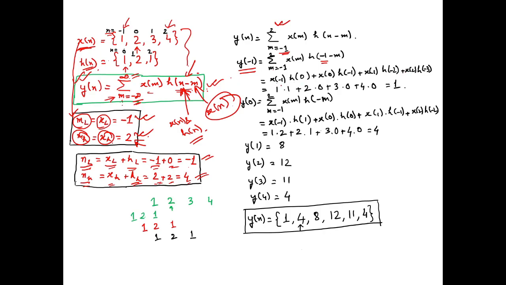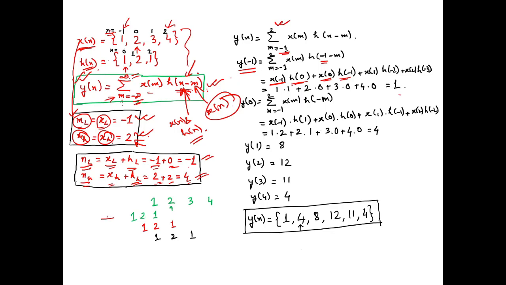So by putting this, we get x of minus 1 multiplied by h of 0 plus x of 0 multiplied by h of minus 1, and like this. So what you get over here: 1 multiplied by 1 plus 2 multiplied by 0, which is 1.